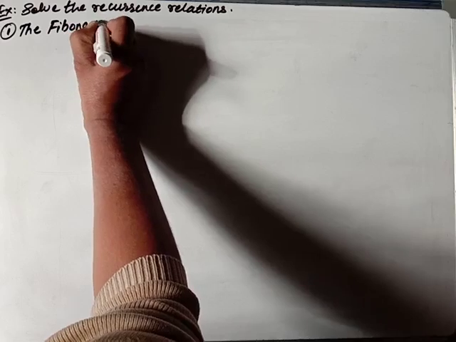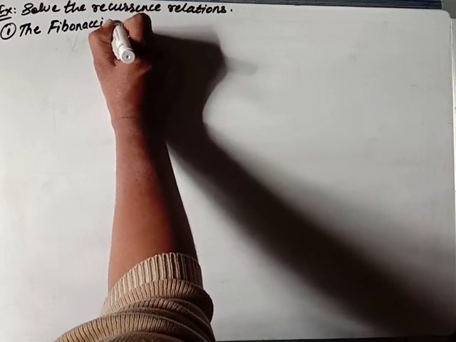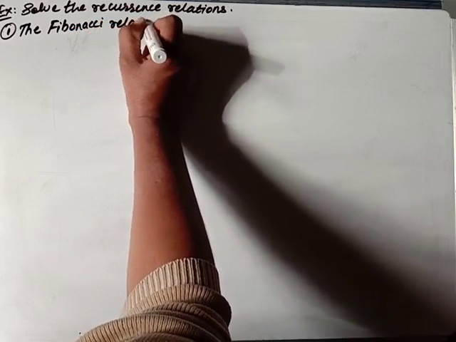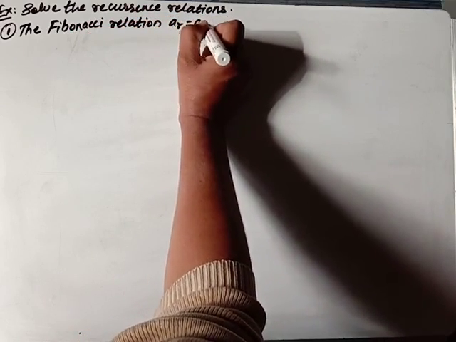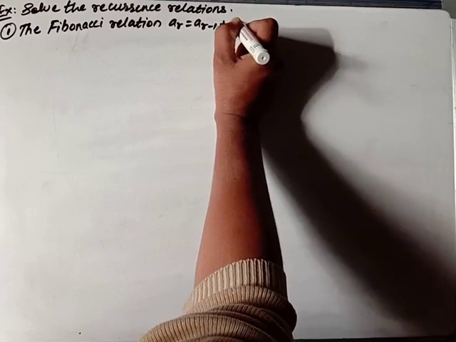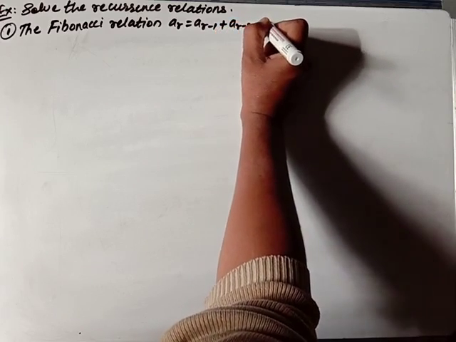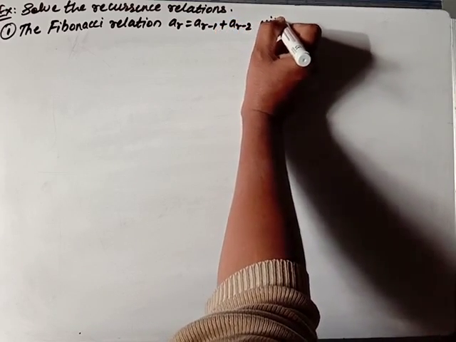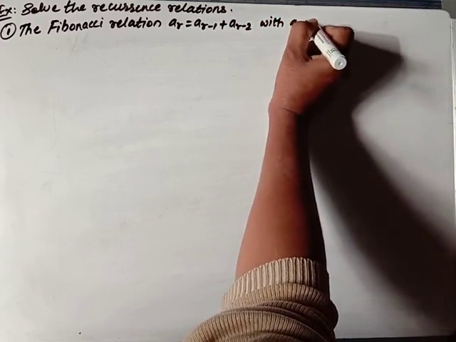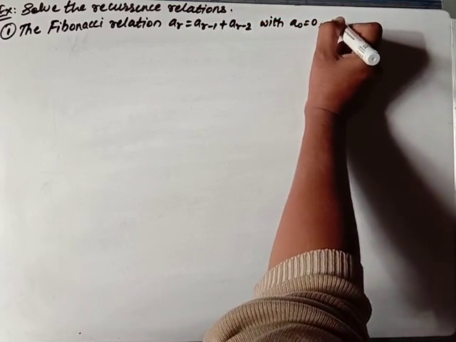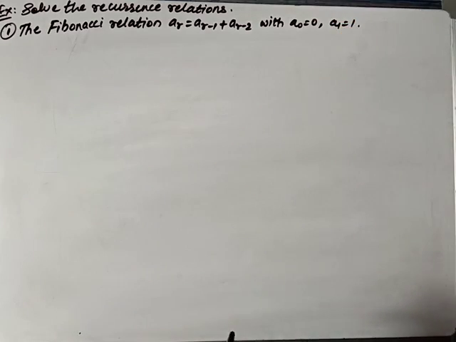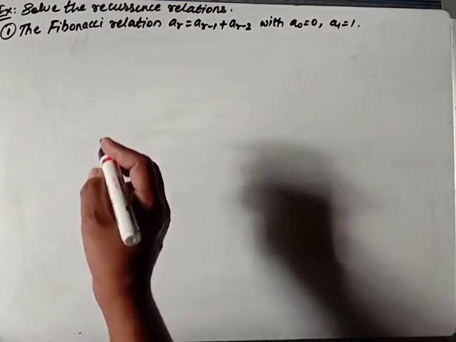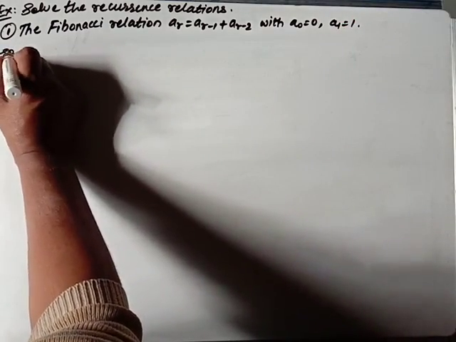Fibonacci relation, a_r is equal to a_(r-1) plus a_(r-2) with a_0 is 0 and a_1 is 1. This is given to us. Fine. Now, the solution for this.